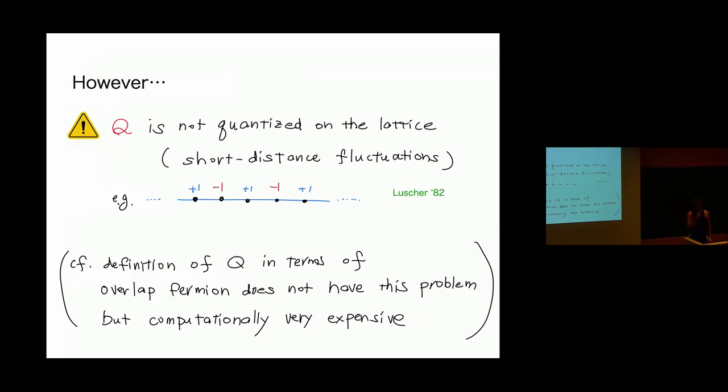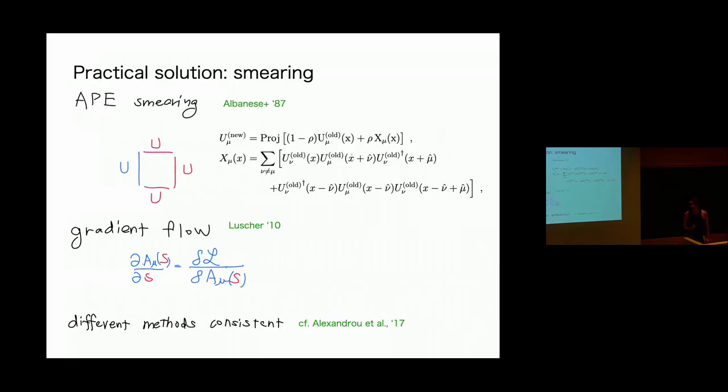But there is a way to go around this practically, and there are different techniques. One is called a smearing technique. The details don't matter, but basically, if the field is too widely fluctuating, that's dangerous, so if you smear it one way or another, it makes it better.